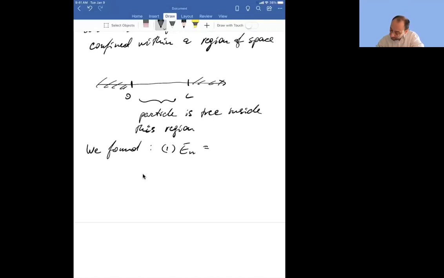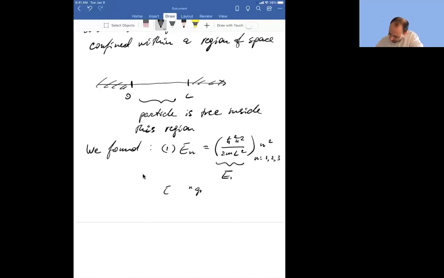And the energies are given by h bar squared pi squared over 2mL squared times n squared, so n equals 1, 2, 3, and so on. And so this glob of constants is really the energy of the first level.